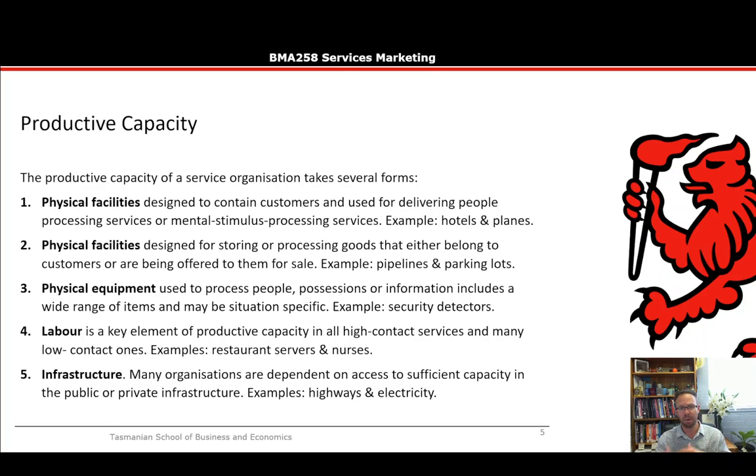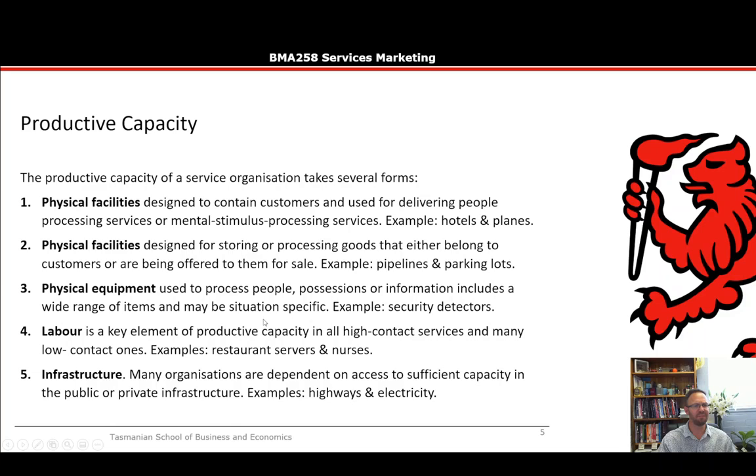For example, pipelines where you have gas, oil or water going through, and parking lots. So both of these are physical facilities, but the first ones contain customers and the next one is not really containing, but processing and storing goods that belong to customers. So this is about the customers and this is about what customers own.